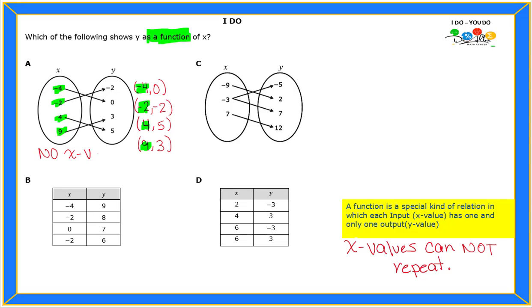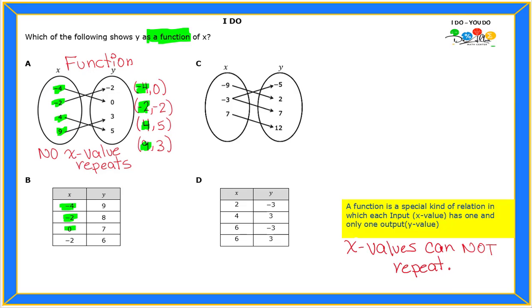No x value repeats, right? So that means that this is a function. And I think that's what I'm looking for. I'm looking for a function. So it looks like A should be my answer, but let's go check the rest just to be on the safe side.